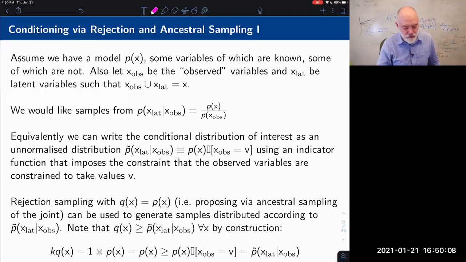So we'd like samples from the posterior distribution of latents given the observeds, and that's of course the joint over the marginal probability of the observations, right? Which means that it's proportional, right? So equivalently, you can write the conditional distribution of interest as an unnormalized distribution, which is just P of x where x obs is equal to V, and 0 elsewhere, right?